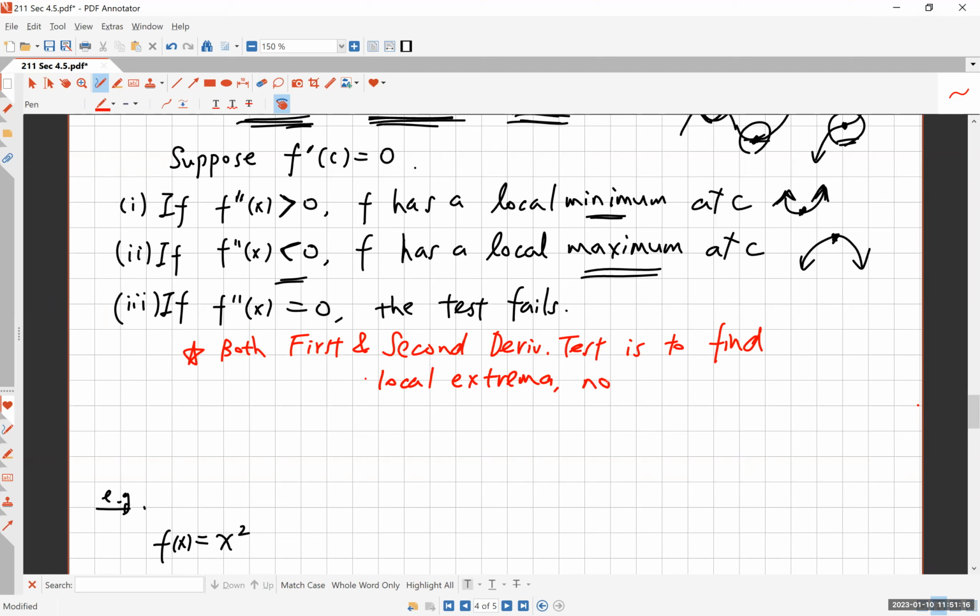Okay, not absolute extrema. Do you remember how you find your absolute maxima and minima? You find the critical points and endpoints and evaluate the function at all of these usual suspects, right? Quote unquote usual suspect points, which are the endpoints and the critical points.